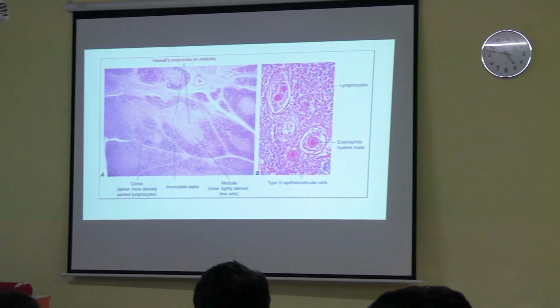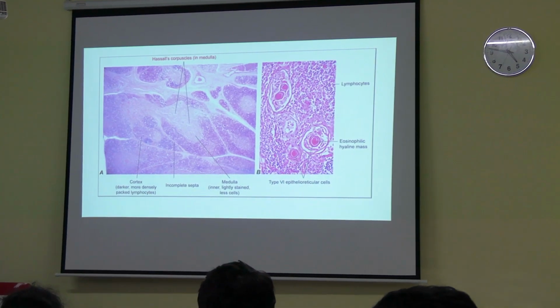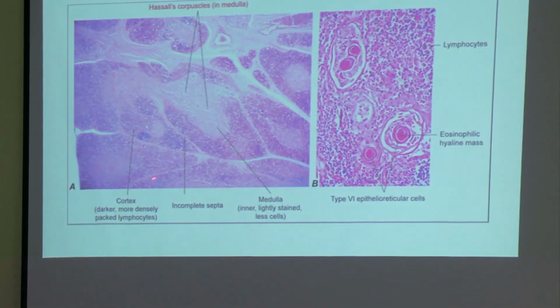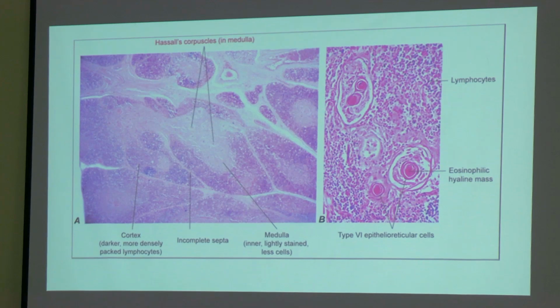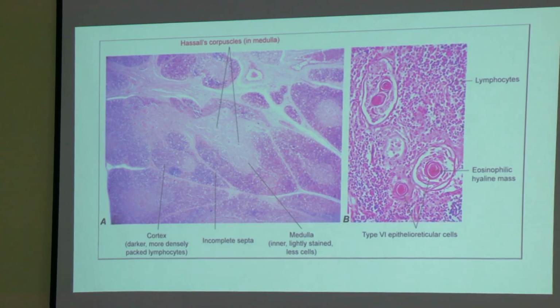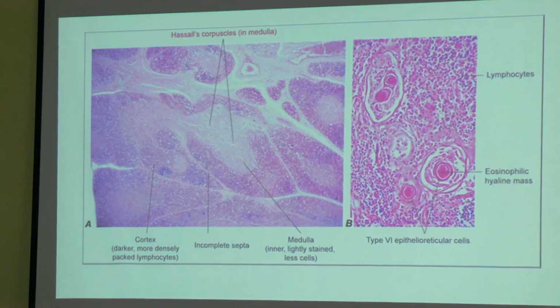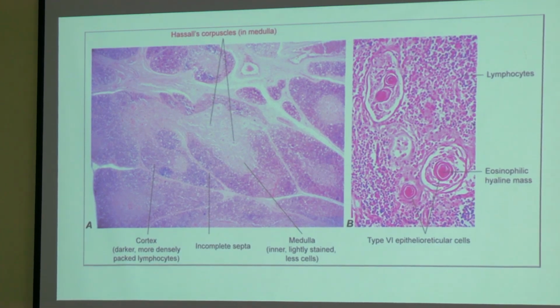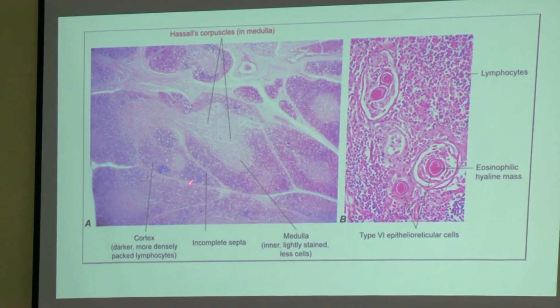After the capsule, what to look for? Septa. As you can see, these are the septa or trabeculae. Now these are incomplete septa. If the septa is incomplete, then what will happen? The lobules are incomplete. If the lobules are incomplete, the medulla of one lobule and another lobule will be continuous with each other, which you can see over here.